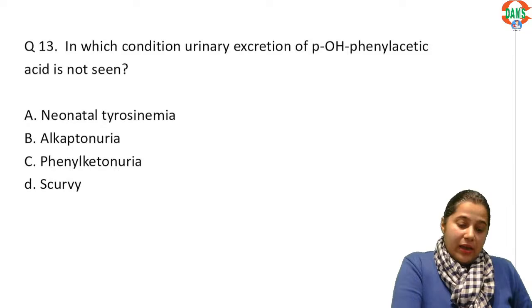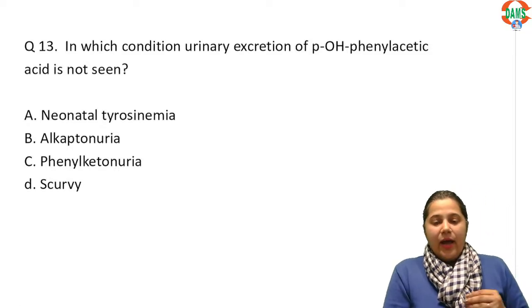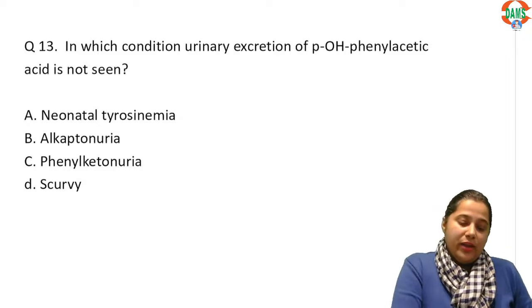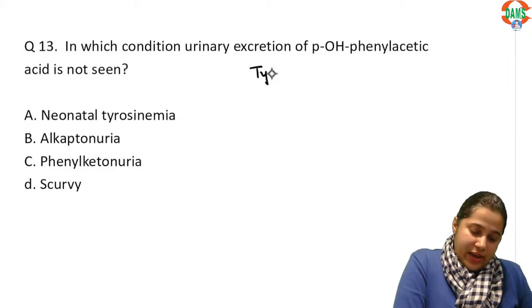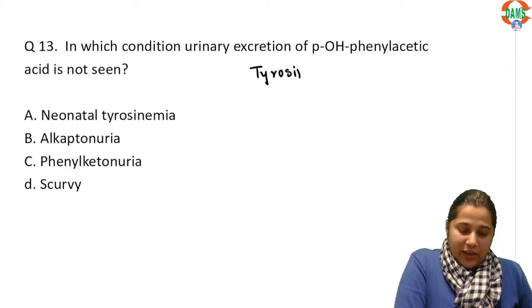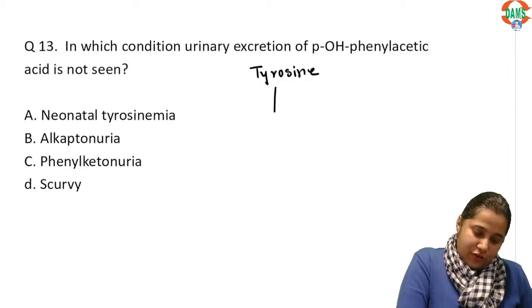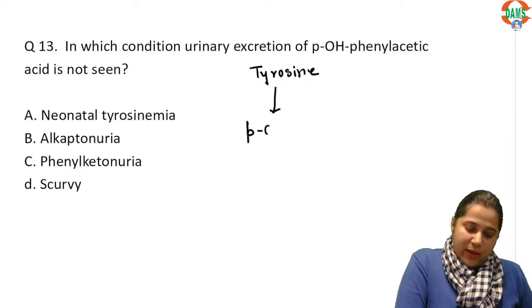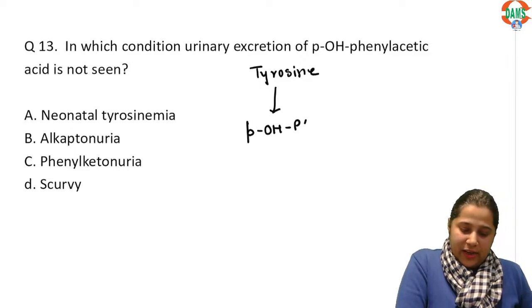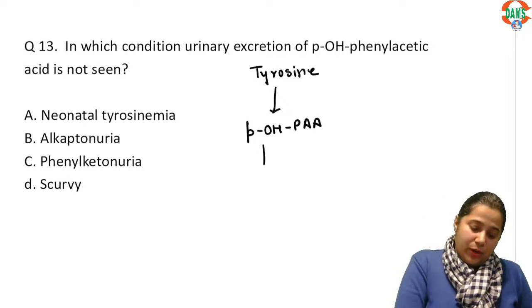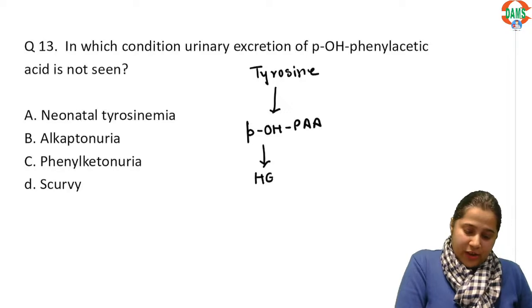See, para-hydroxyphenylacetic acid is formed during tyrosine catabolism. In the very first reaction, tyrosine undergoes a transamination reaction and forms para-hydroxyphenylacetic acid. In the next reaction, it will form homogentisic acid.